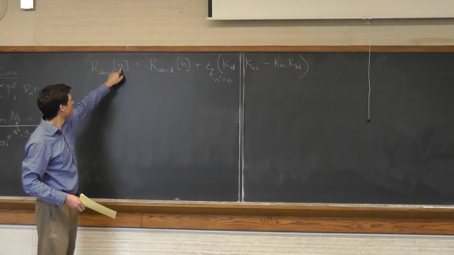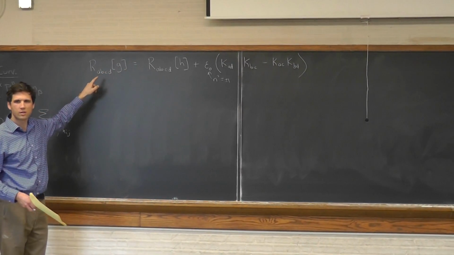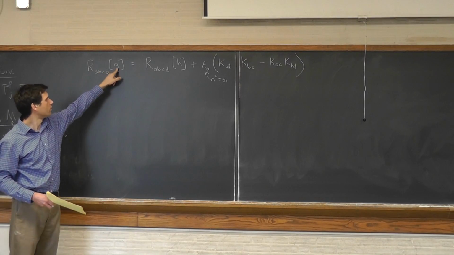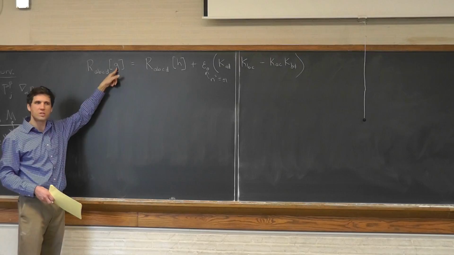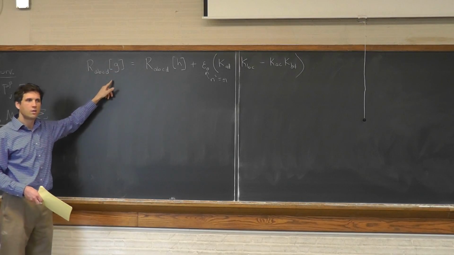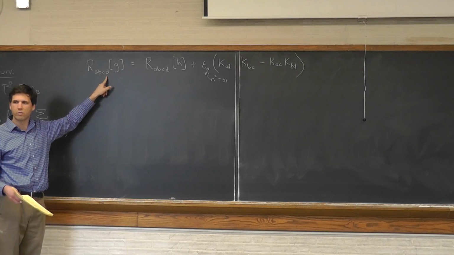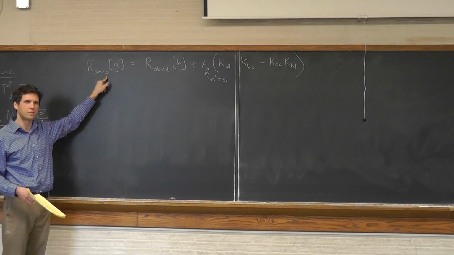R of g means the Riemann curvature that's built from the spacetime metric g. But I have A, B, C, D indices here, and the ordinary Riemann would have alpha, beta, gamma, delta indices.